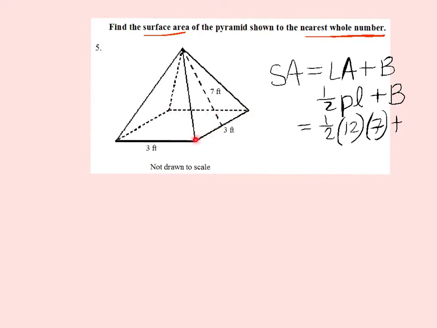To find the area of our base here, we're going to say 3 times 3, and we get 9. Half of 12 is 6, 6 times 7 is 42, and 42 plus 9 is equal to 51 feet. And we're going to say squared because we're talking about surface area. So 51 feet squared is our answer.